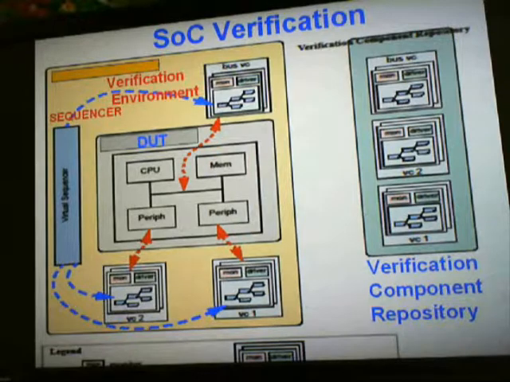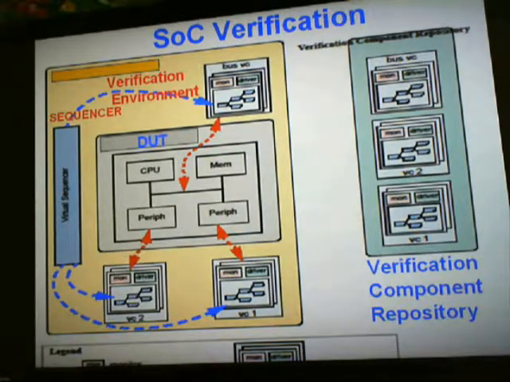Universal verification methodology provides the framework to achieve coverage-driven verification. It combines automatic test generation, self-checking test bench, and coverage metrics. The test bench is composed of reusable verification components.